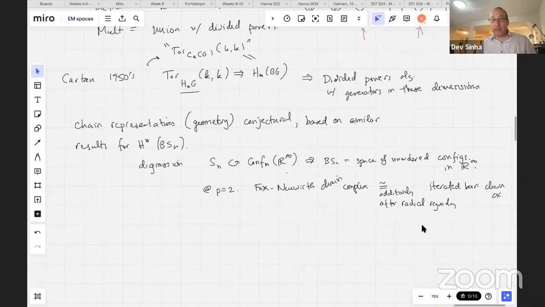Whereas in the iterated bar chain complexes, two points collide, and then they add to the identity. And so basically it just so happens that different rules lead to the same cell structure in these cases.